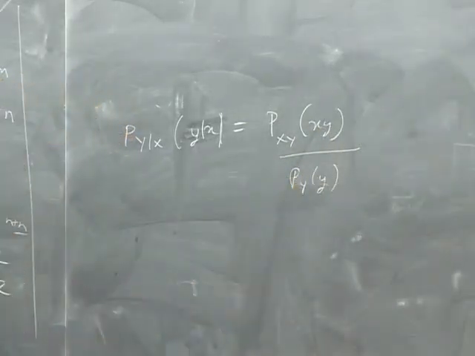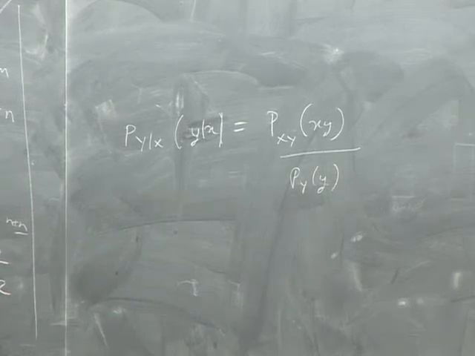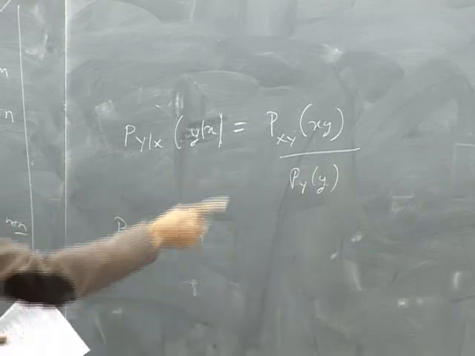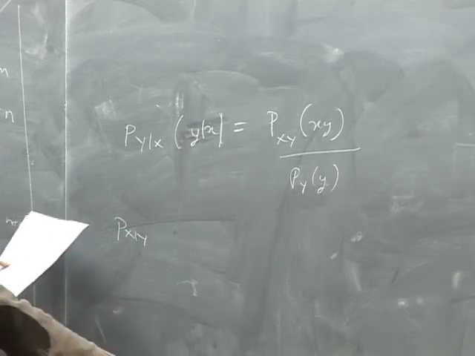Okay, so that's the definition of p y given x. Similarly, p x given y, because you can do it the other way, is going to be p x y divided by p y of y.